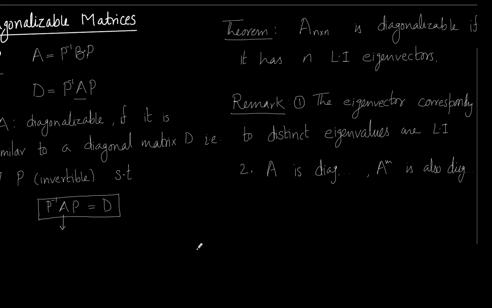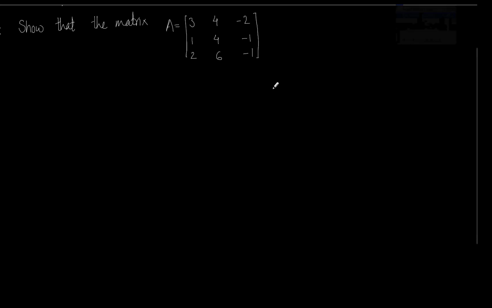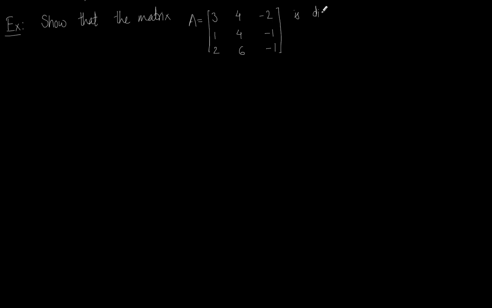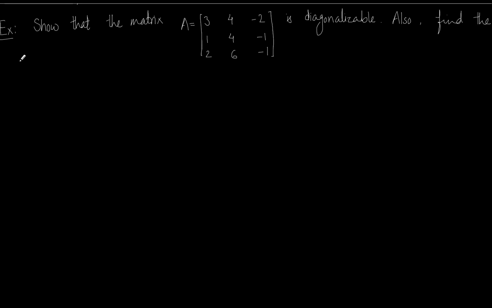So now let us see an example in which we will do the diagonalization of a matrix A. Show that the matrix A given by this is diagonalizable, and also find the matrix P such that the matrix P inverse AP is a diagonal matrix.